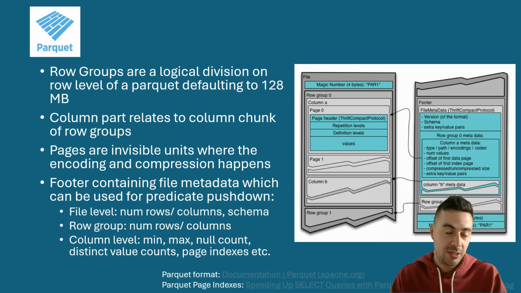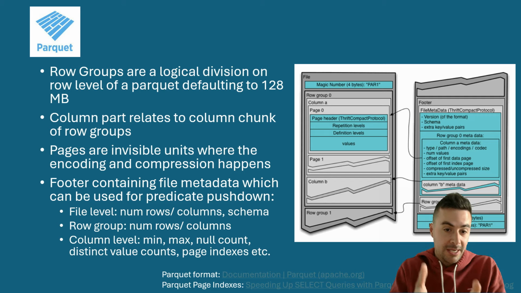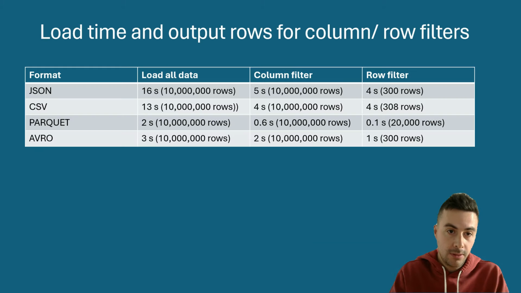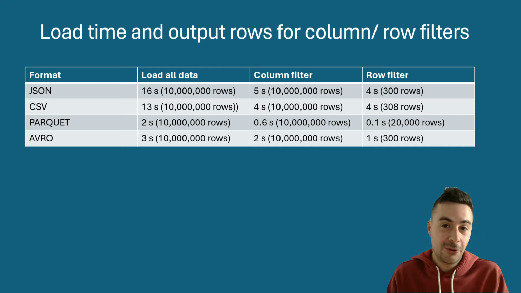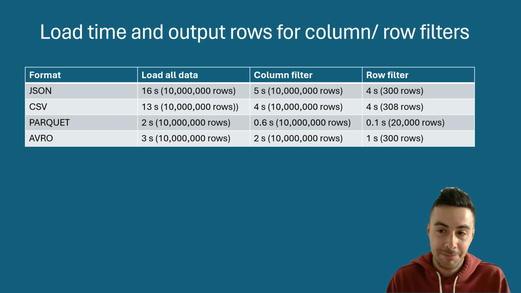And also on page level in newer versions, we also have min and max values. And those values can be really leveraged for the predicate pushdown, but also for something called aggregate pushdown, which we're gonna see in the next slide.